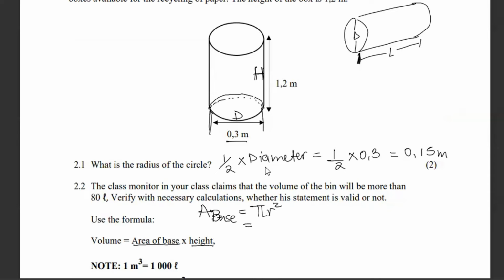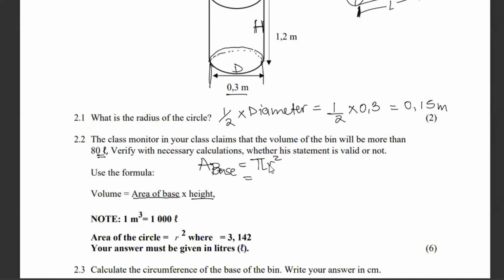So since we need it in liters, I advise you to always change it to centimeters, but it's fine. They have told you if you have 1 meter cubed, you have 1,000 liters. So let's continue. We shall say pi will always be 3,142, which is here, times our radius that we got from here, 0,15.